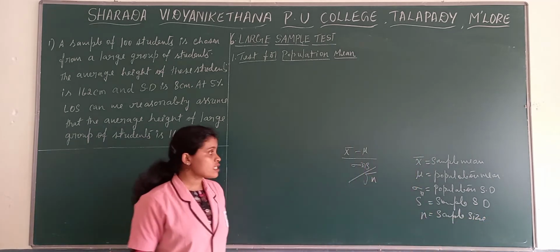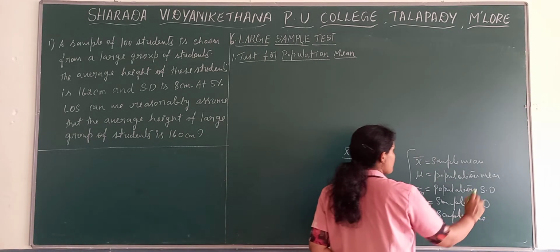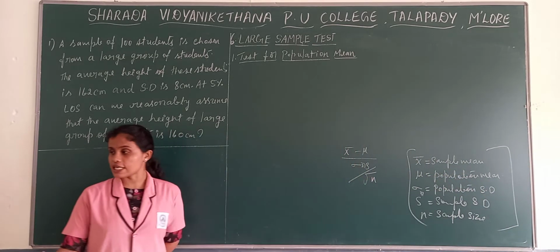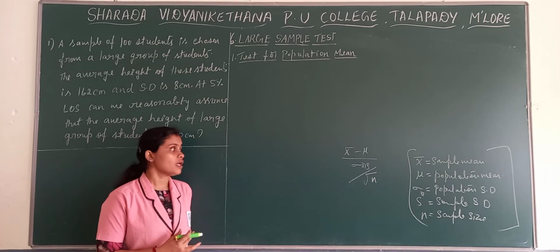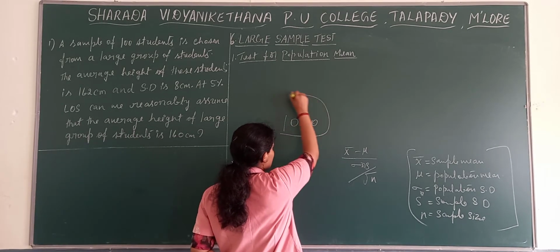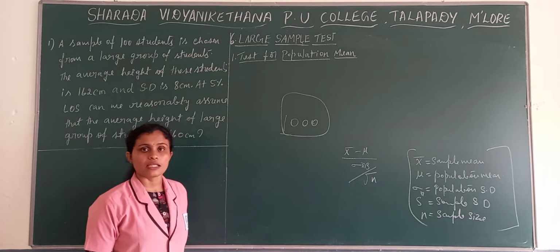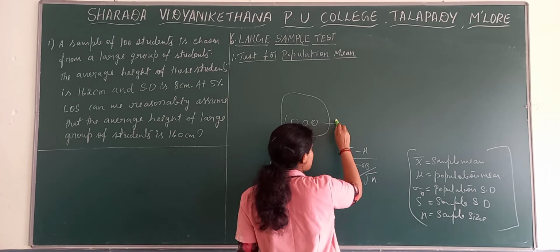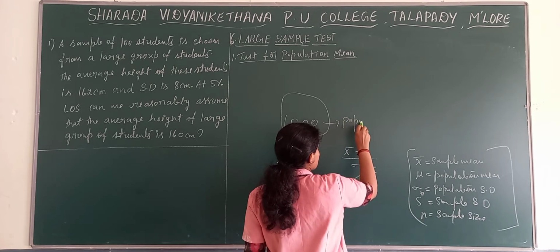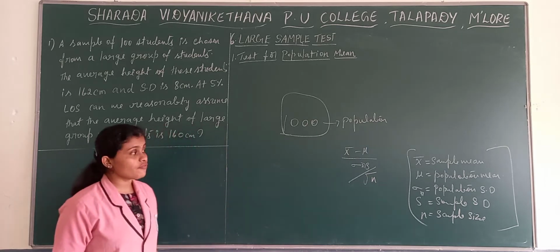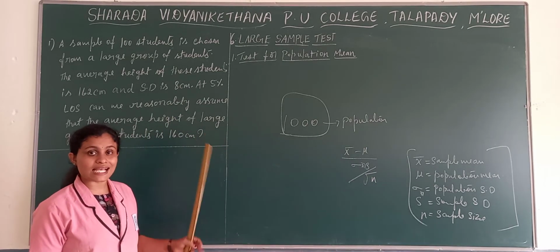Here problems are always based on, for example, a survey or a study about some particular topic. There may be 1,000 people, the population in the area we have selected. So these 1,000 people are our population, and out of 1,000 we select some number as a sample.